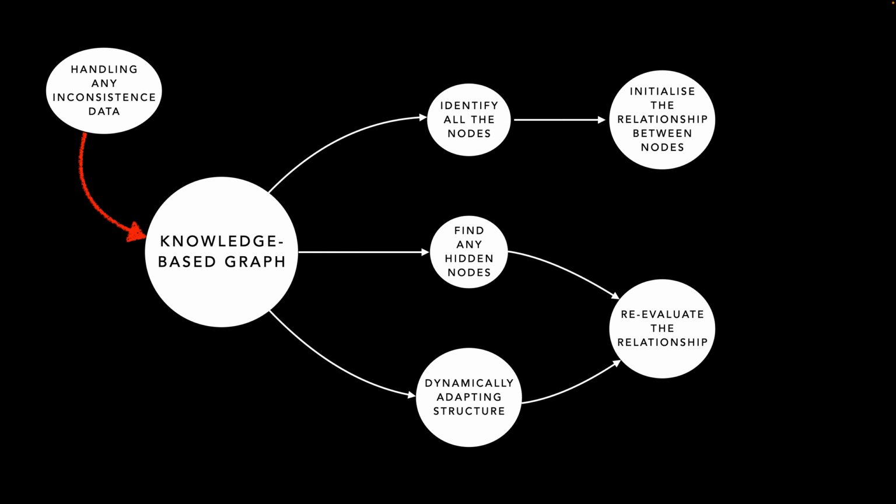Like all knowledge graphs, my data structure will also identify all the nodes and initialize the relationship between the nodes. But the key difference will be finding any hidden nodes. For example, given node A, if B exists, C should exist, because it's the idea of common sense and logic. Since new nodes are being introduced, we should re-evaluate the relationships, as the existing relationships also change.